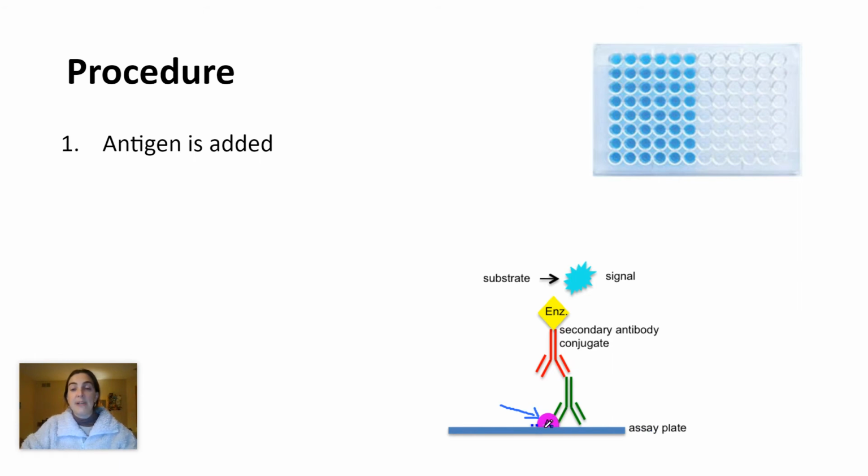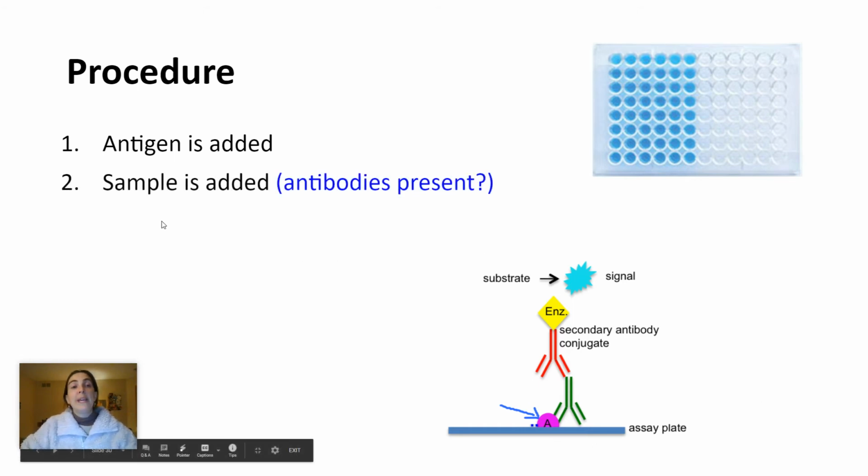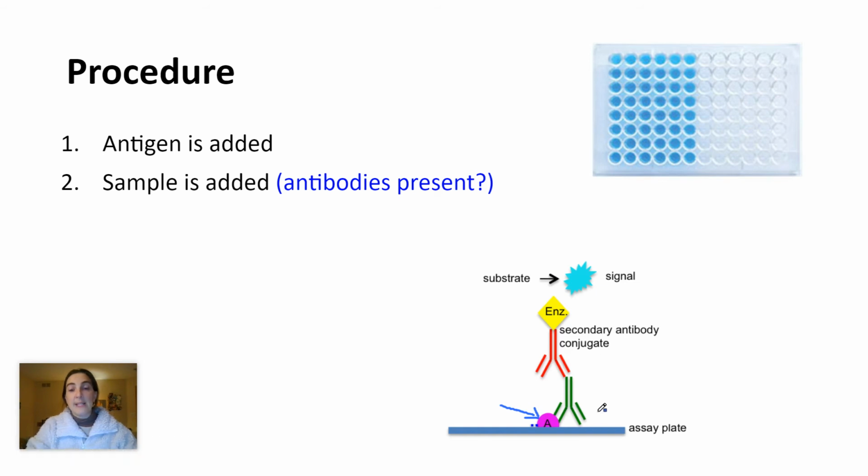So this A down here is the antigen. Then we add the sample, because our question here really is, are there antibodies in this sample? So what we're trying to test for are these green antibodies right here, because if this antibody is present, it will bond to that COVID-19 protein, if that's what we are testing for. So this is what we want to know, whether this is there or not.